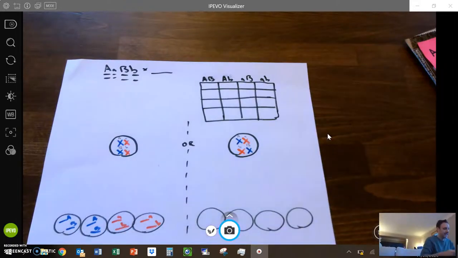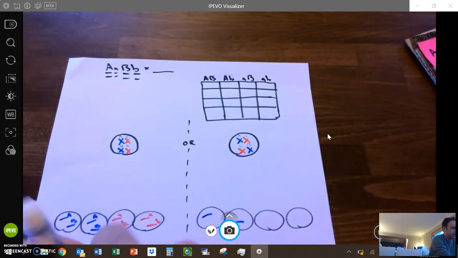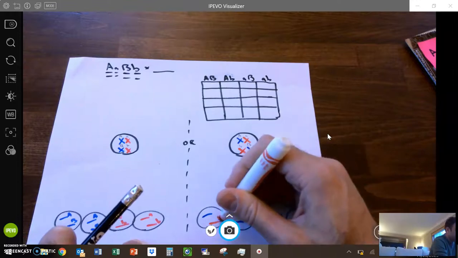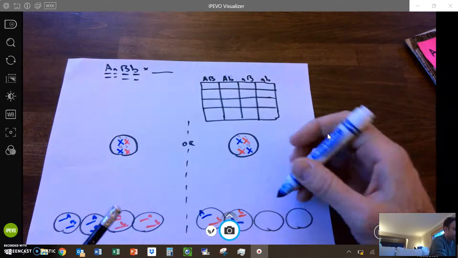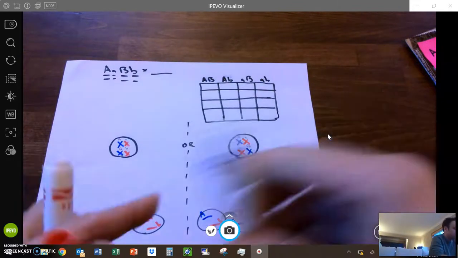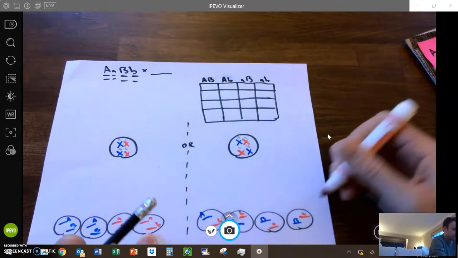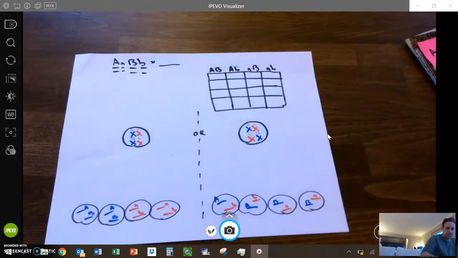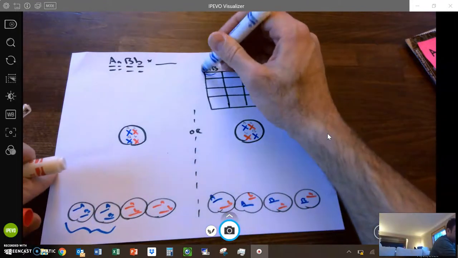And so if that's the case, now you're going to get this kind of a setup, where the big A and little b are going to be in one, and then the little a, big B are in the other.